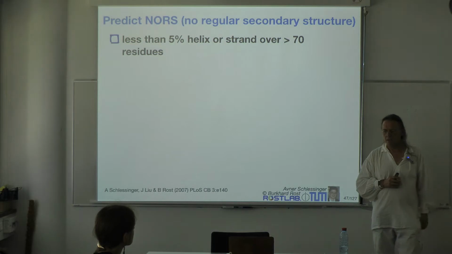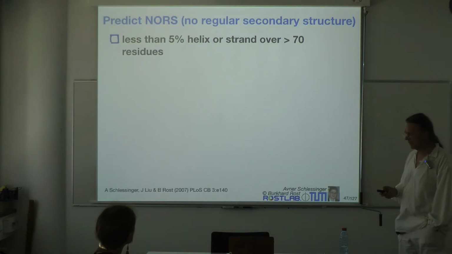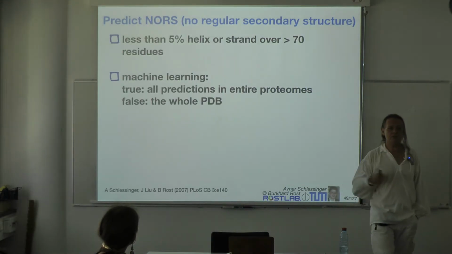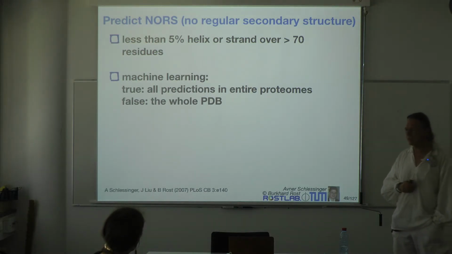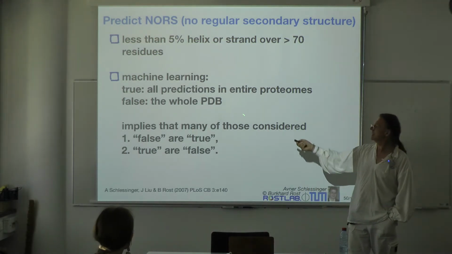That didn't work. So what we did use, however, is exactly these. So the true were all the predictions of 70 and more. And the false, or the negatives, were in fact the ones in the PDB.